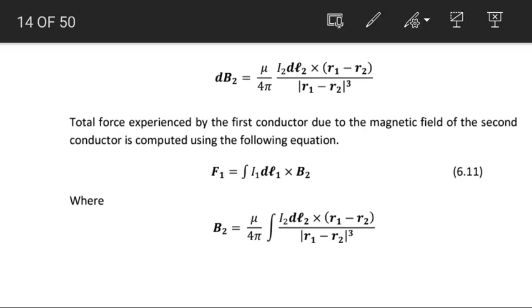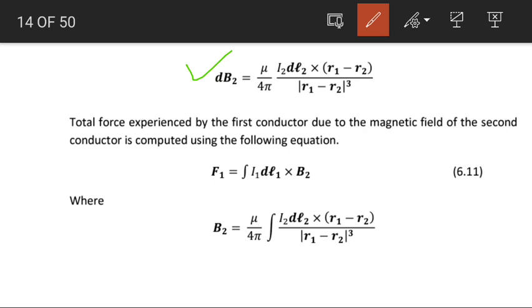We know that the differential magnetic flux density which is generated by the current in the small portion of the second conductor will be equal to mu divided by 4 pi into I2 dl2 cross (R1 minus R2) divided by |R1 minus R2| raised to power 3.